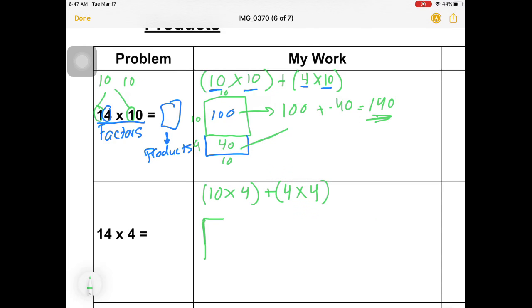You have your tens here and a 4 here, and then you can add your 4 by 4 down here, a little square, and that's going to give you a 40 and a 16. And if you add 40 coming from that equation here, and then a 16 coming from your 4 times 4 here, you end up with a total of 56. And that's how to do it that way.